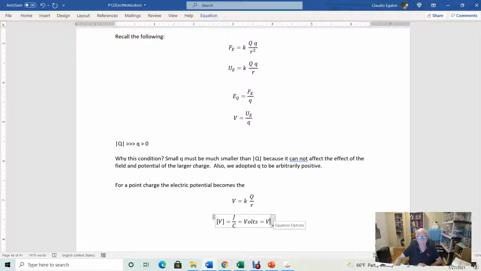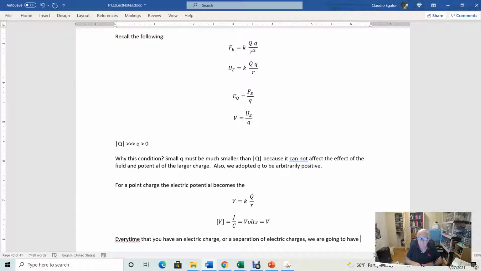So that's where the electric potential comes from. Every time that you have an electric charge or a separation of electric charges, we're going to have an electric potential energy, an electric potential that can be used to do some sort of work.